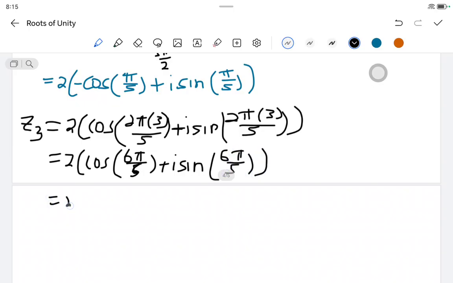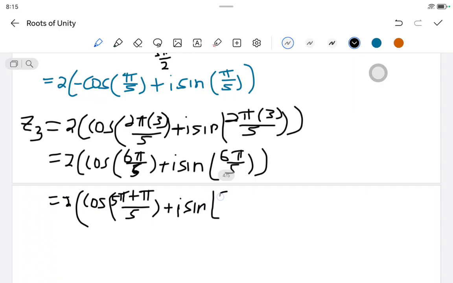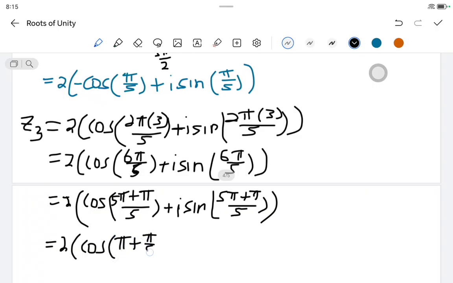And if we expand this, we get cos of 5 pi plus pi over 5 plus I sine of 5 pi plus pi over 5. And this will be 2 cos of pi plus pi over 5 plus I sine of pi plus pi over 5.